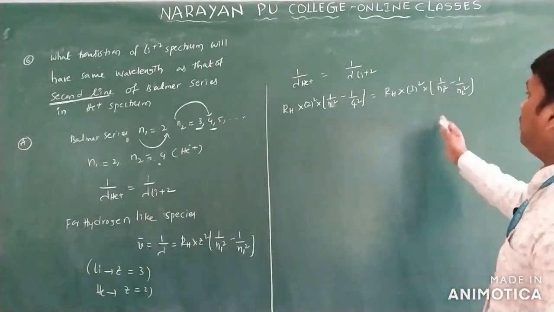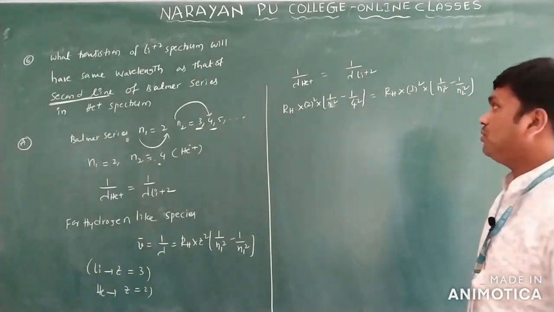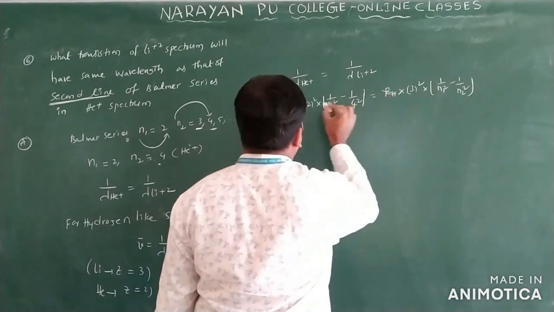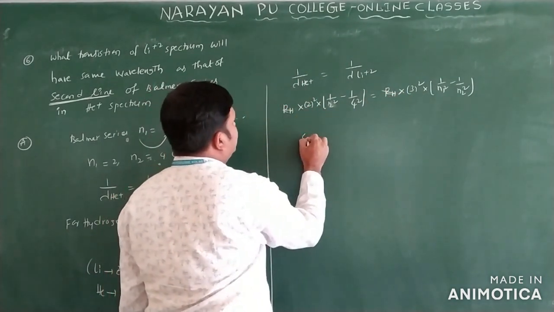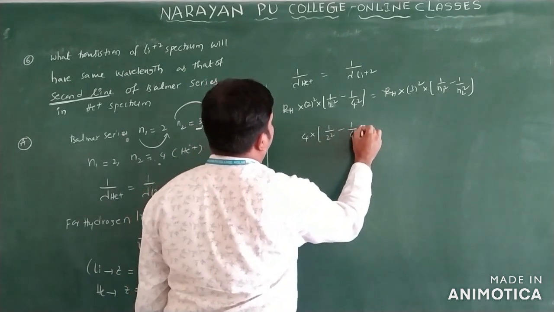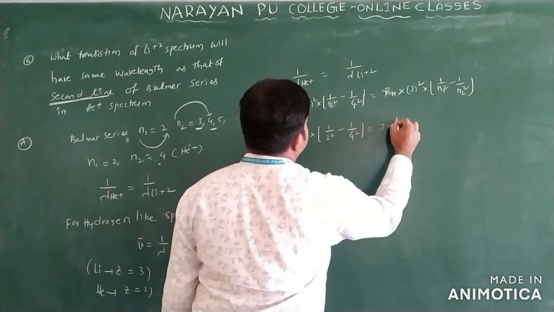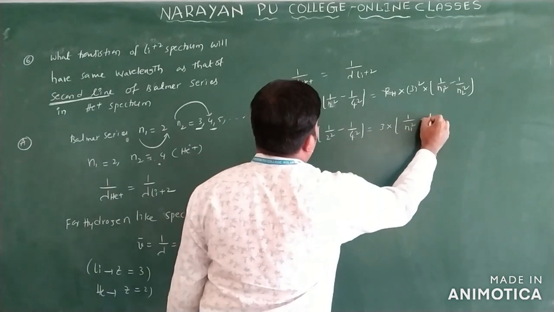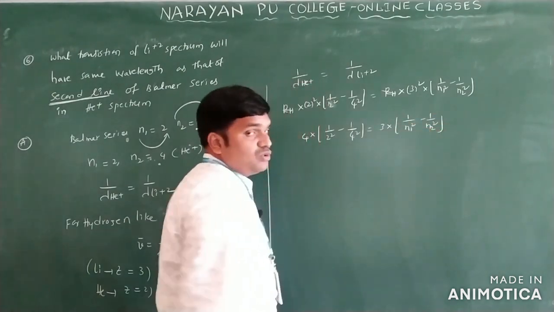We don't know the value for lithium, we can find out the transition only. So RH cancels. Can I write here 4 into 1 by 2 square minus 1 by 4 square is equal to 3 into 1 by N1 square minus 1 by N2 square we have.